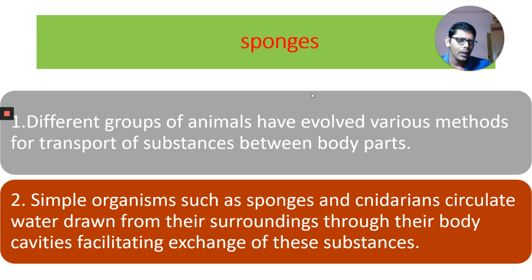Next, when you come to the coelenterates or cnidarians, in that phylum there is a gastrovascular cavity, also called coelenteron, which helps in circulation. Vascular means it helps in circulation. In ctenophores also there is a gastrovascular cavity.